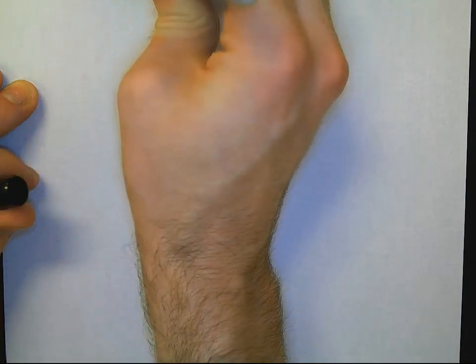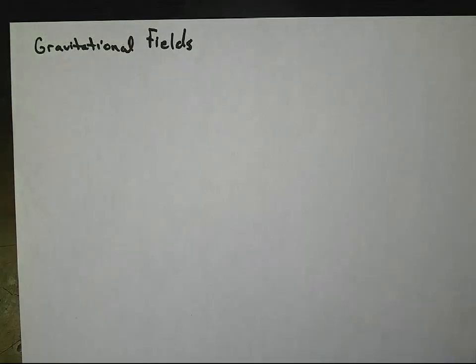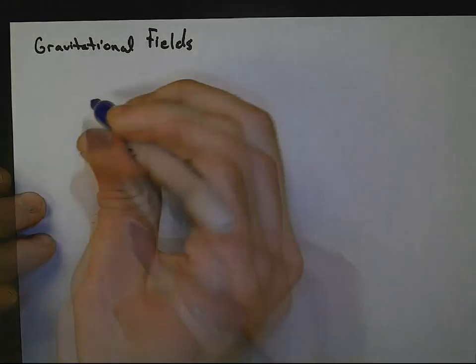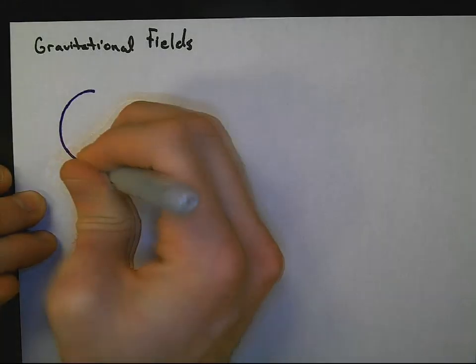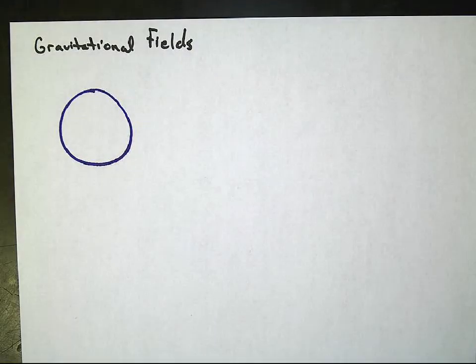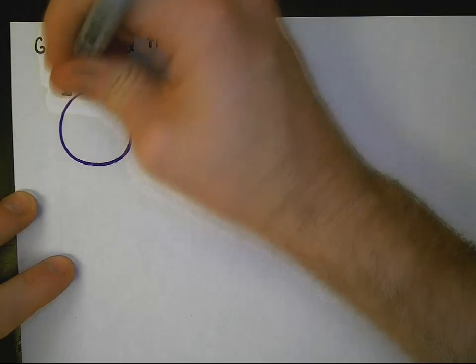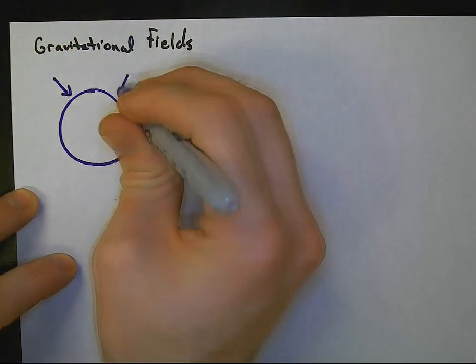Let's suppose that we have some spherical object, which I'm just going to draw as follows. Every single spherical object has some kind of gravitational pull.